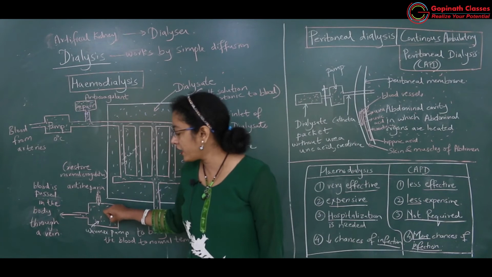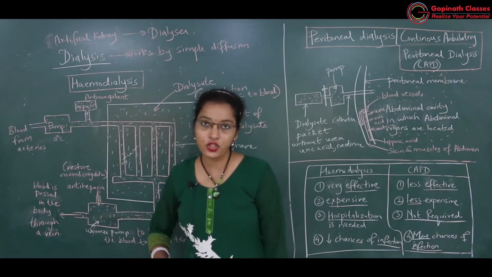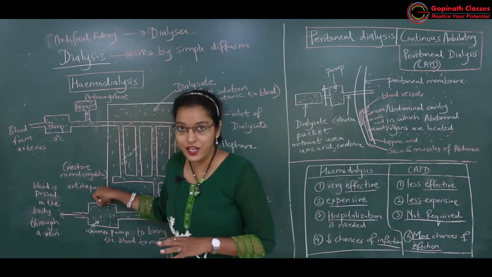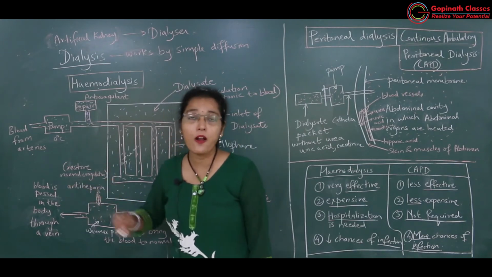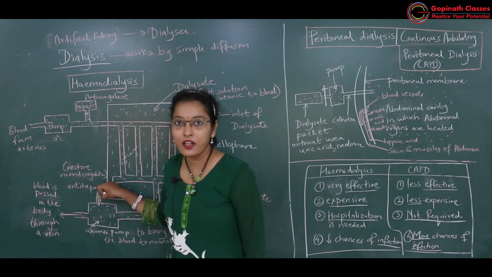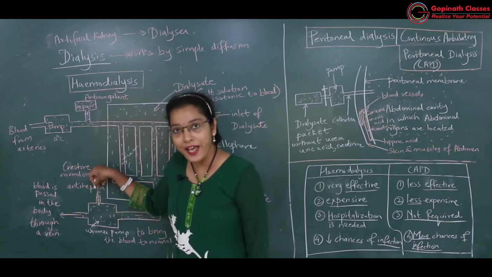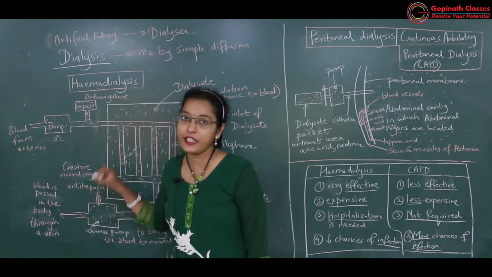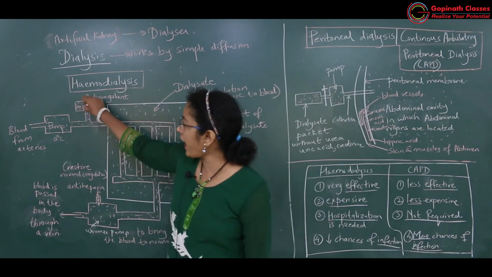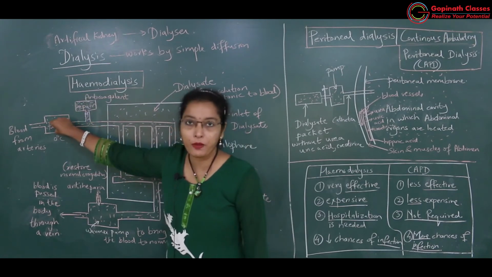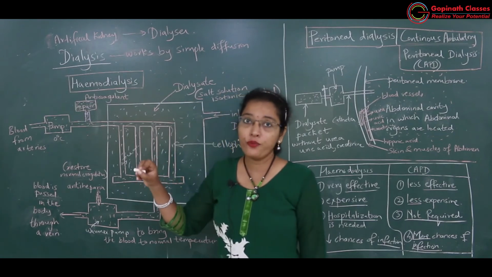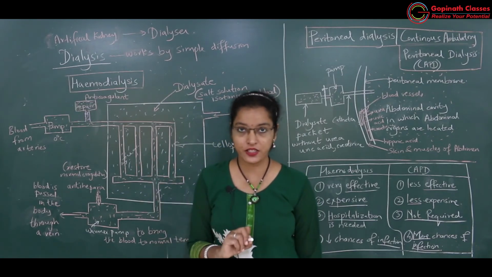And in this pump one more tube is attached, one more outlet is there, and that inlet is for entry of antiheparin. So antiheparin is introduced or else added in the blood which is collected in the warmer pump. Why is antiheparin added? Here we are adding heparin in the first pump. Why heparin? Because blood has to pass through the cellophane for removal of the nitrogenous waste, right?